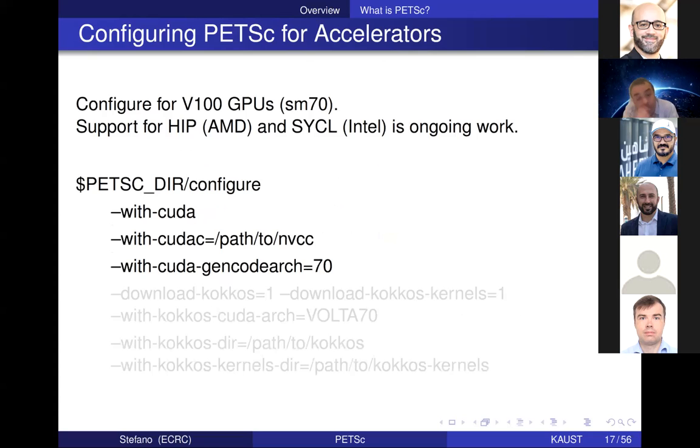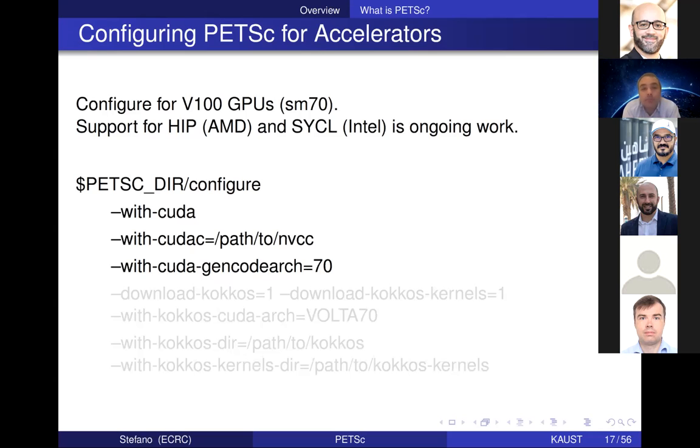So the configuration is very easy, even if you want to use GPUs. So far, PETSc officially supports only NVIDIA GPUs, but there is ongoing work to support AMD GPUs through HIP and Intel discrete GPUs through SYCL.